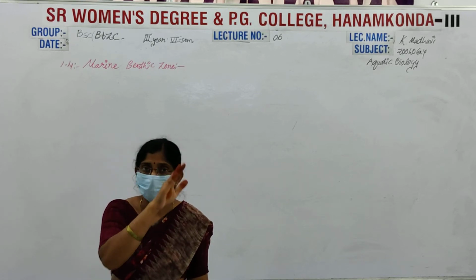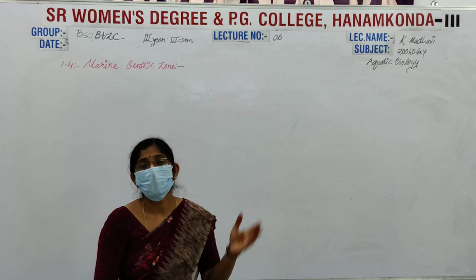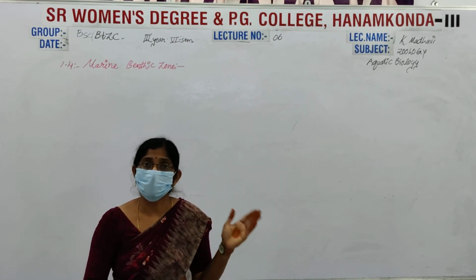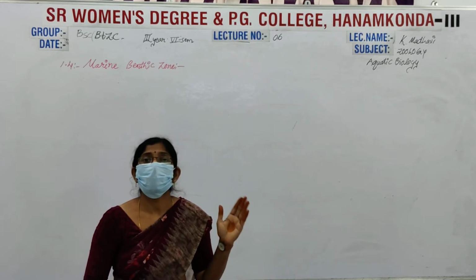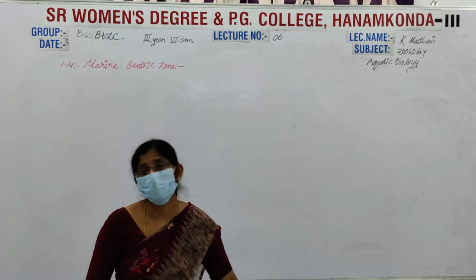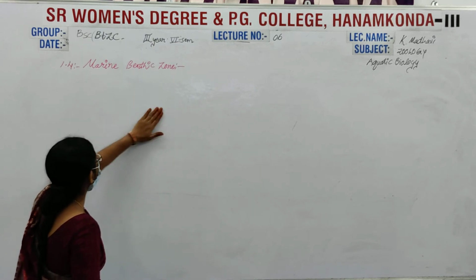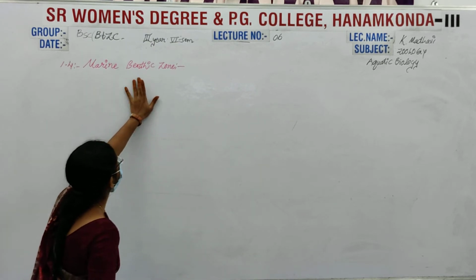First we have the slope area, the continental shelf, the continental rise, and slowly we enter into this region. Next topic is the marine benthic zone.